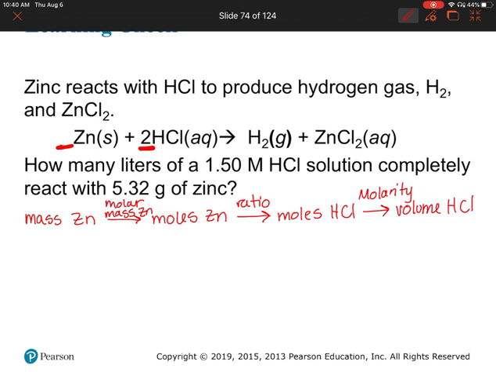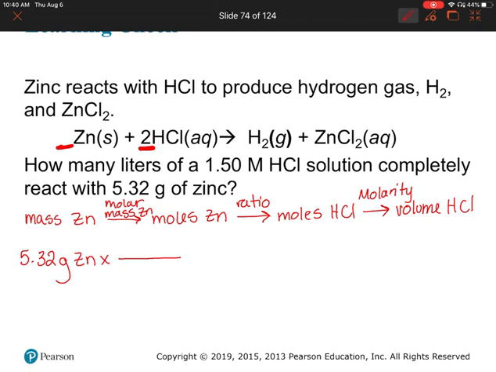Now we can just go straight across and solve this problem in one long dimensional analysis, starting with the mass of zinc, 5.32 grams. Let's look up the molar mass of zinc on our periodic table.